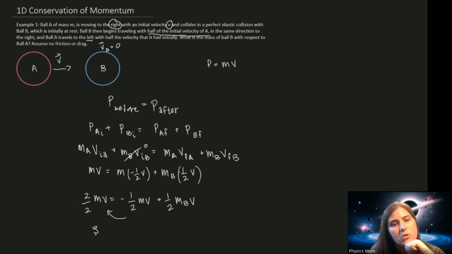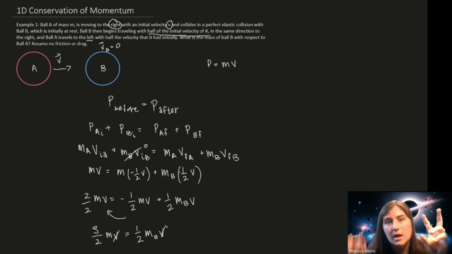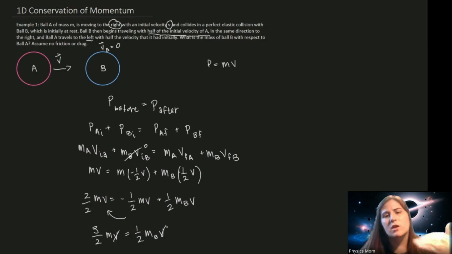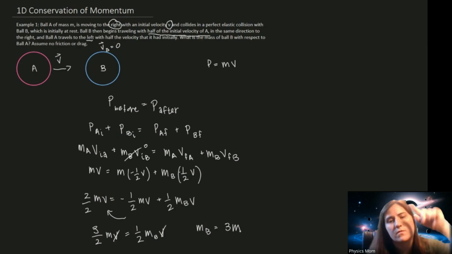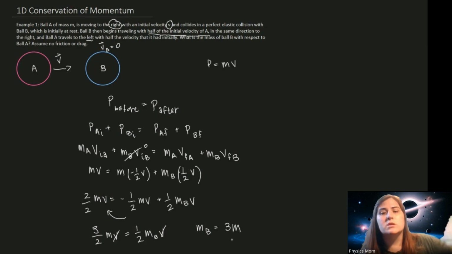I get 3 over 2 mv is equal to 1 over 2 m_B v. Both have a v term, so I can cancel that out because I'm putting it with respect to the same velocity. I'm going to multiply the 2 to the other side, and I get that the mass of B is 3 times the mass of A, the initial ball. So it's 3 times its mass.